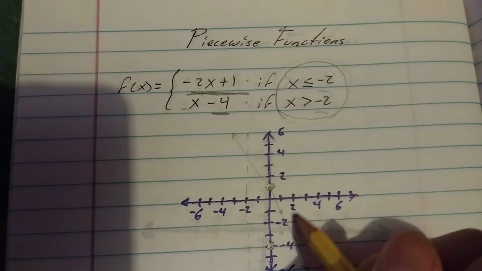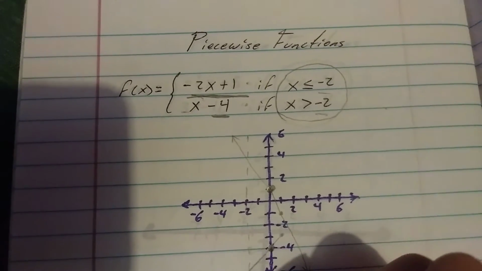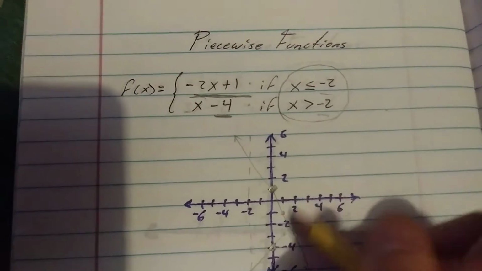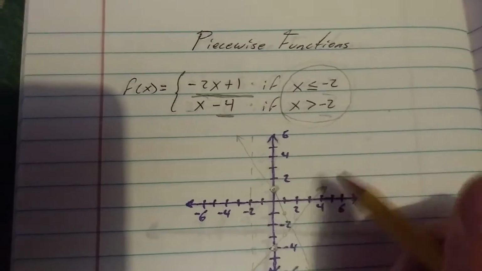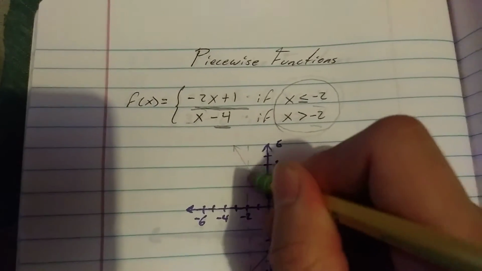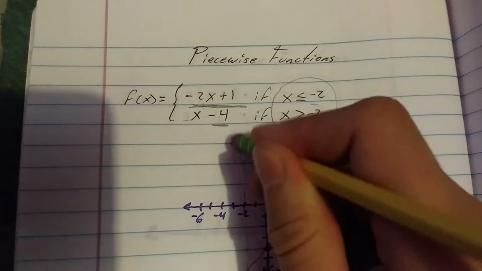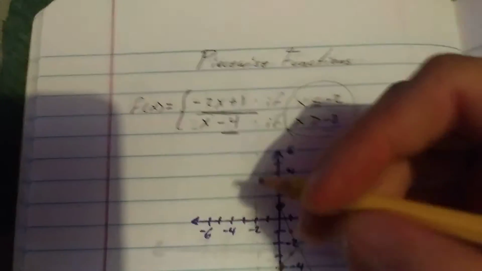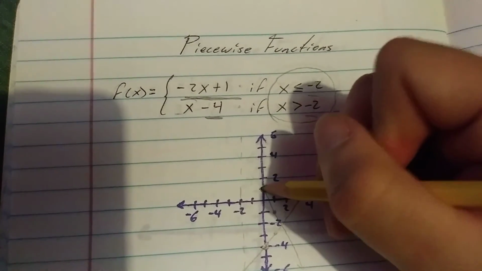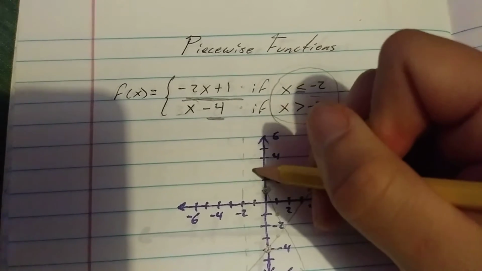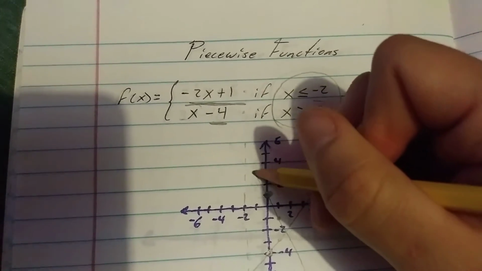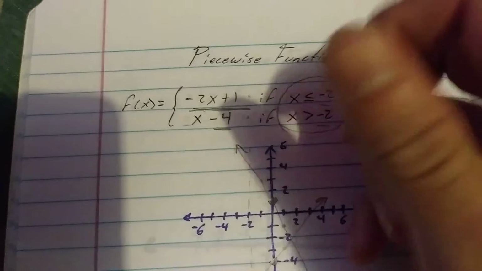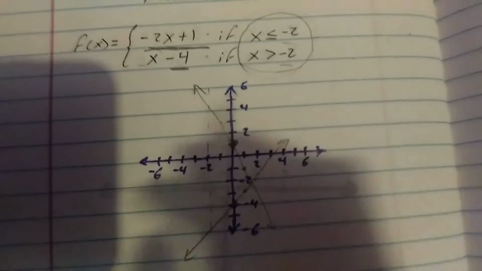There you go, there are my 2 points. Gotta connect them. Actually, let me make this line a little bit straighter. So it has to go through there. Okay, a little bit better.